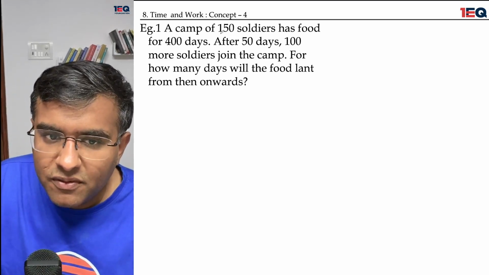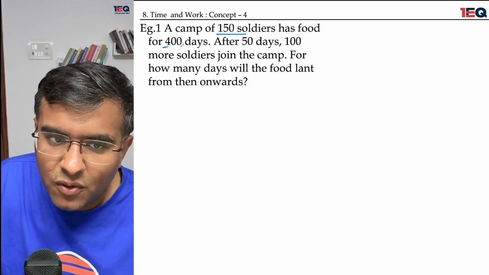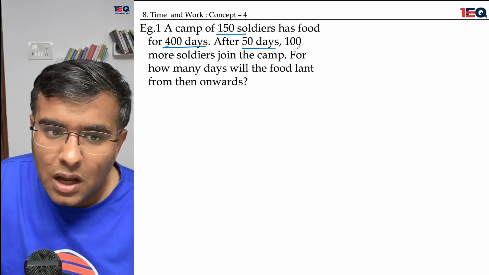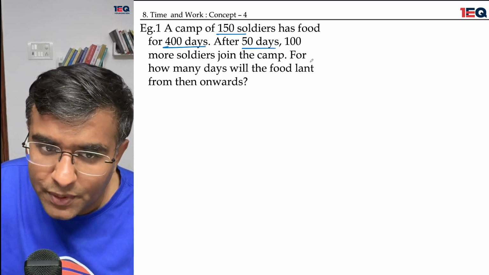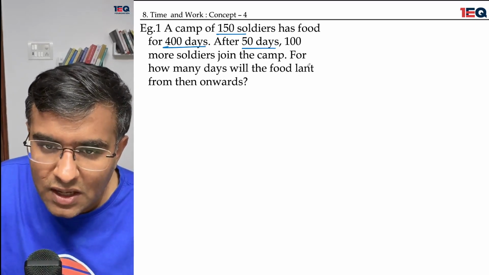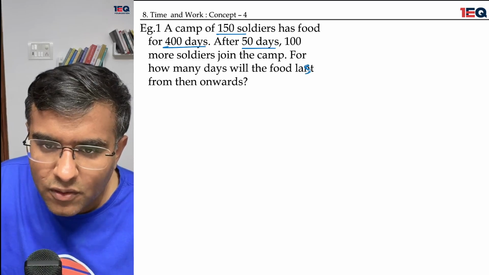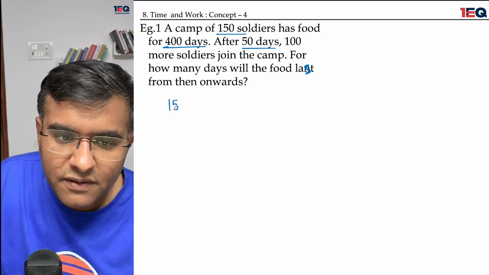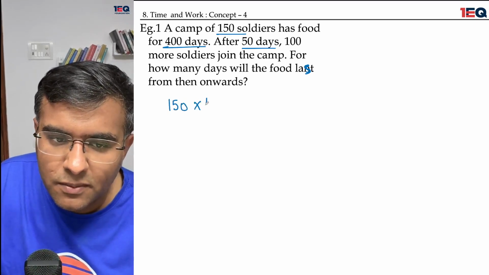A camp of 150 soldiers has food for 400 days. After 50 days, 100 more soldiers join the camp. For how many days will the food last from then onwards? So when there were 150 soldiers, the food was available for 400 days.